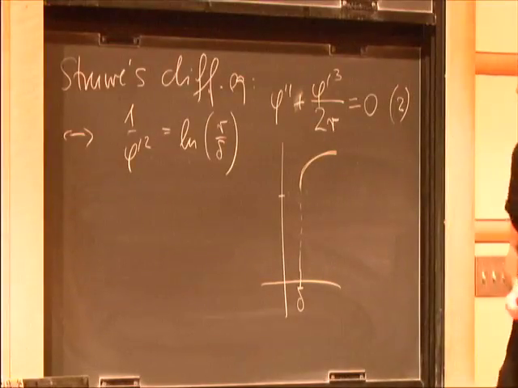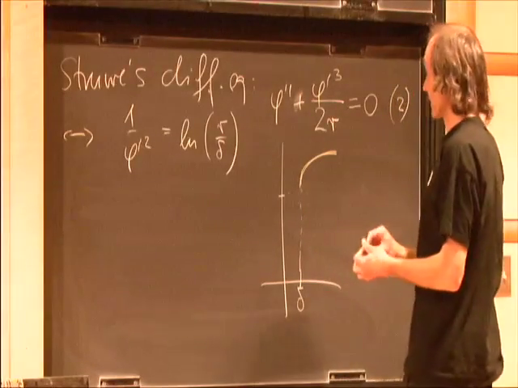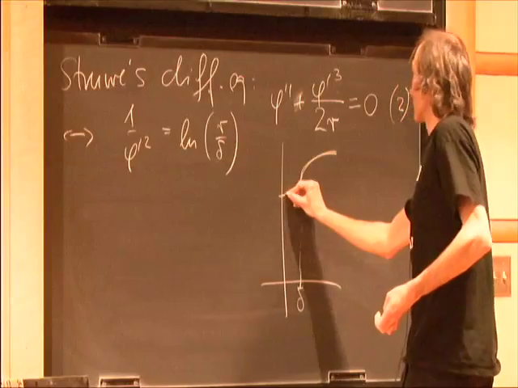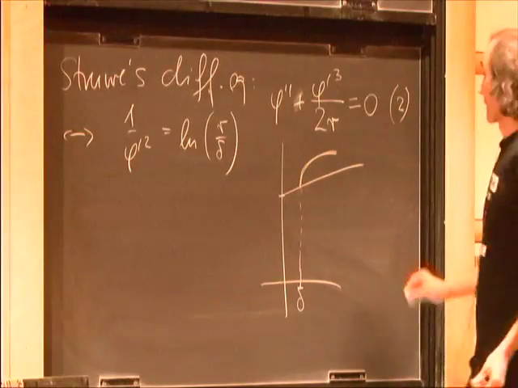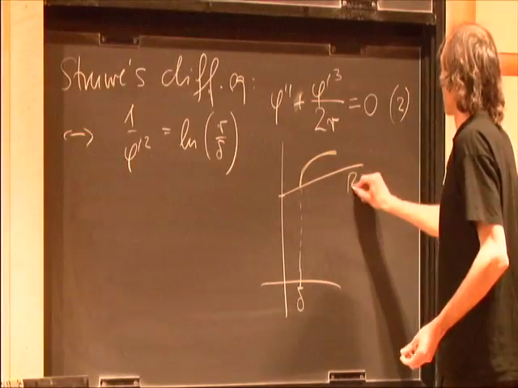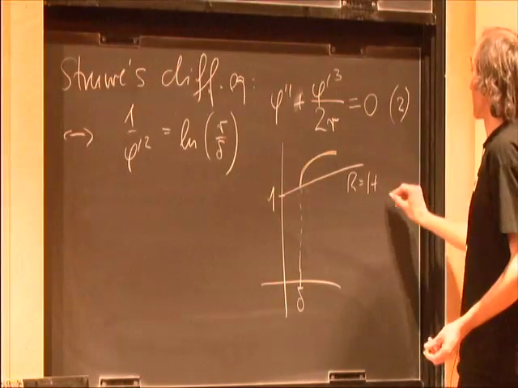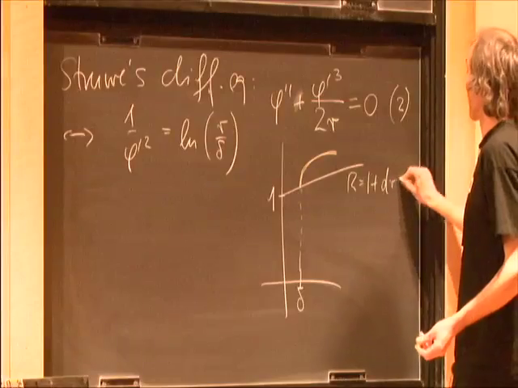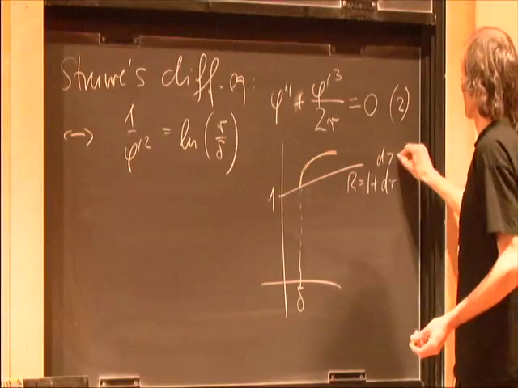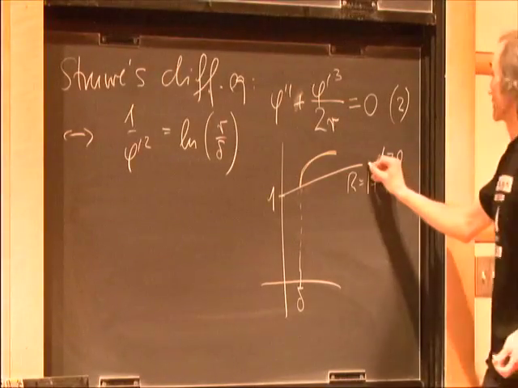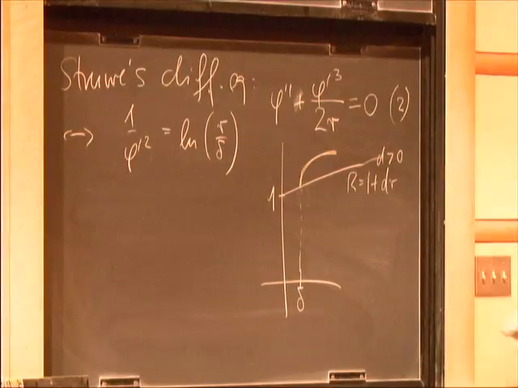And now it turns out you can do the following. You can pick any linear function here. So let's say you pick this equal to 1 plus d times little r. D is some constant greater than 0, but otherwise it can be arbitrarily small.